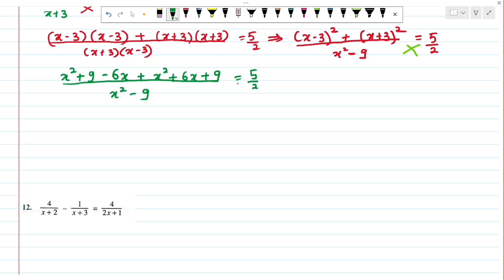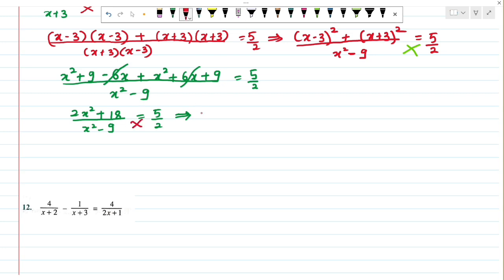So now what I'll do here is I'll cancel plus 6x and minus 6x. So I'll be left with x square plus x square, this becomes 2x square plus 18 divided by x square minus 9, which is equal to 5 by 2. So now I'll cross multiply this.